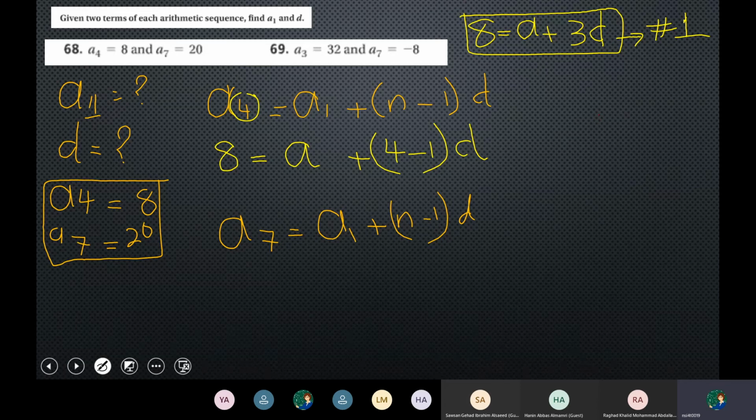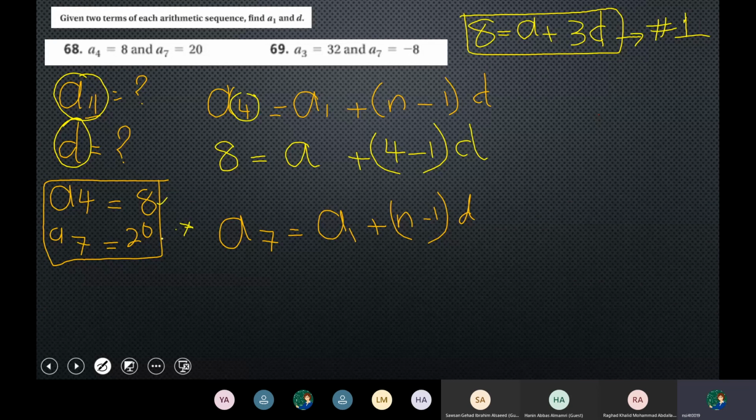Go now to the second equation, A sub 7. Someone may ask me why I use two equations. How many variables do I have to find? Two variables. So to find two variables, I need two equations. From where do I bring these two equations?